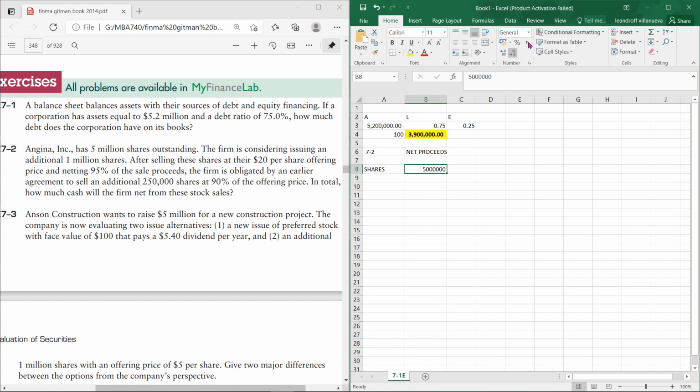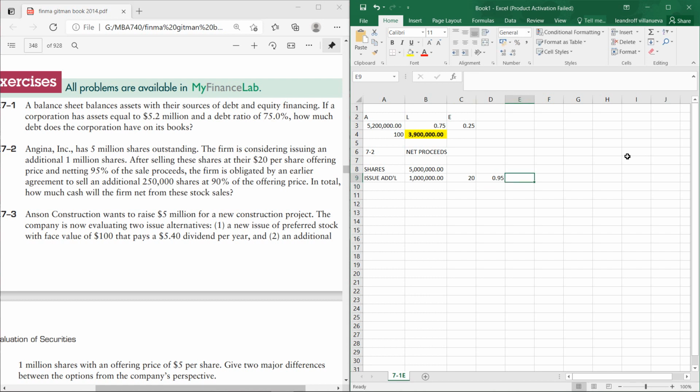And what else do we have aside from the shares outstanding of 5 million? They would like to also issue, so they will issue additional shares, okay, and that would be 1 million, and this 1 million will be offered at 20 pesos, and you have 95% as your proceeds.